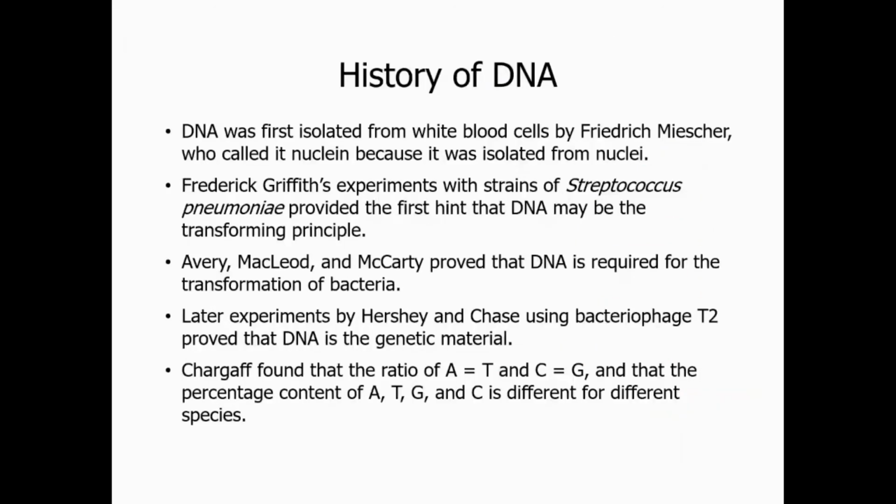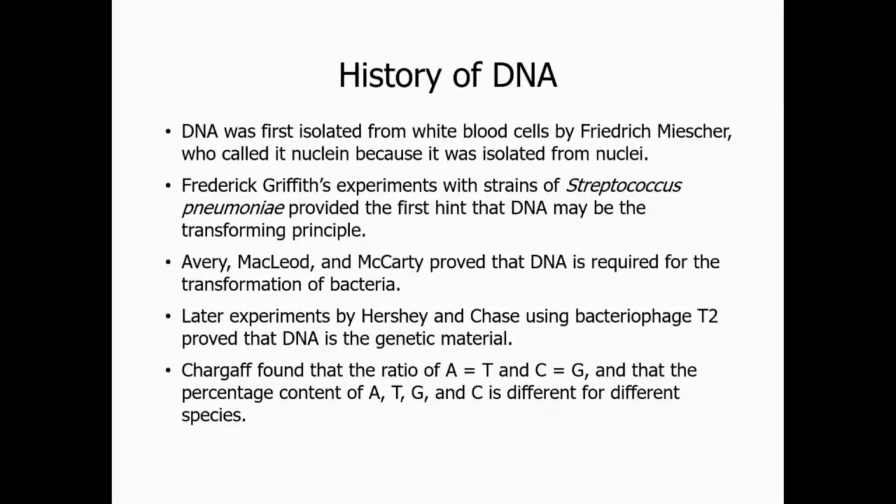So, history of DNA. I just want to mention one experiment. Okay. So before, we really didn't know which molecule was the genetic material. Okay, so we know there's something that determines how our body looks and how our body functions, but we didn't know which one.